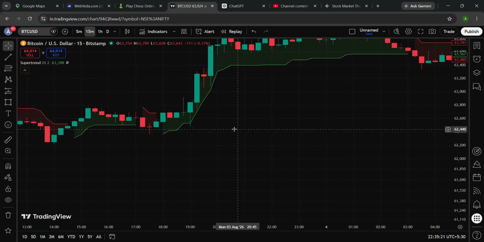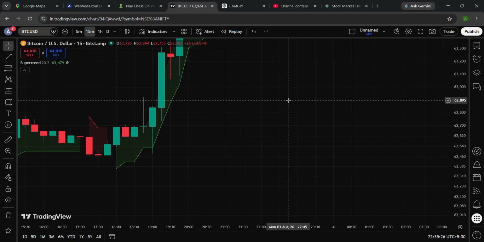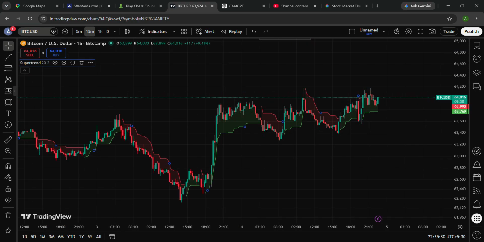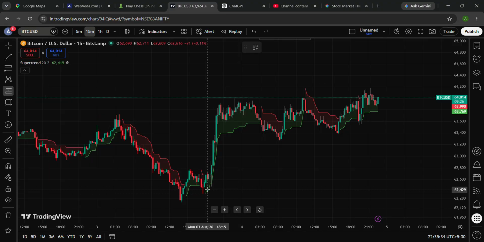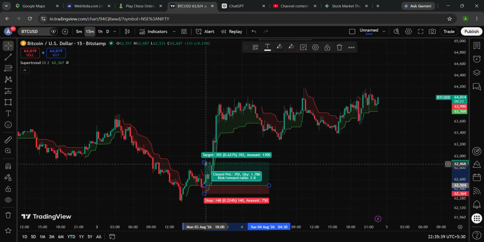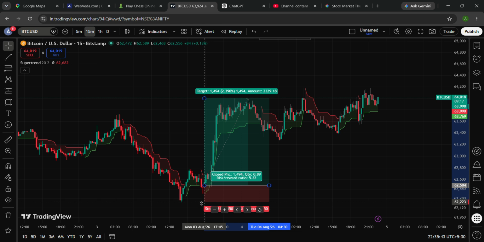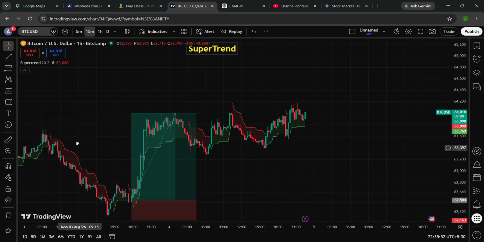If I show you here, if you buy from here, I plot a long position, and on the basis of this super trend, if I placed a trade here, then I can capture this move, right? If my buffer is like that, I can easily capture a 4.38 risk to reward ratio.